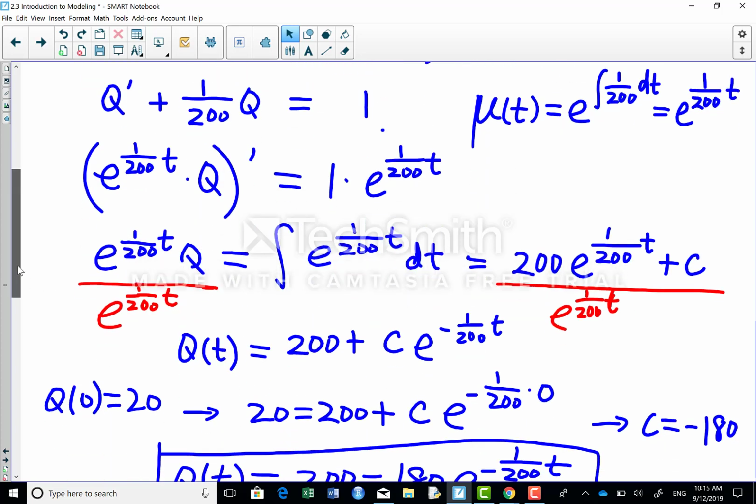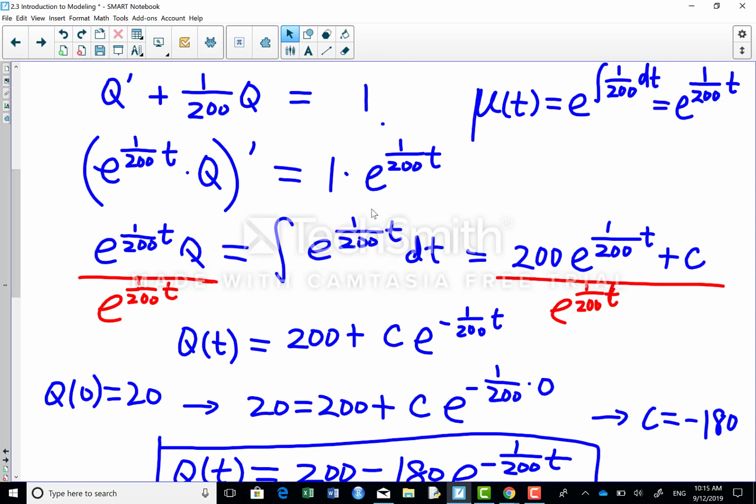So after you integrate this equation on both sides, the left-hand side goes back to e to the power 1 over 200 t times Q. On the other side, you have to do the antiderivative, and the integral of e to the power 1 over 200 t dt is equal to 200 times e to the power 1 over 200 t plus c.